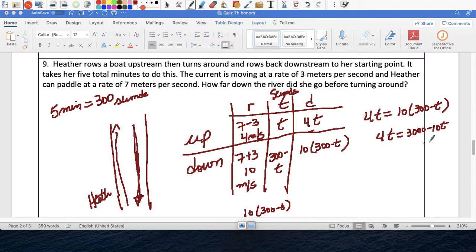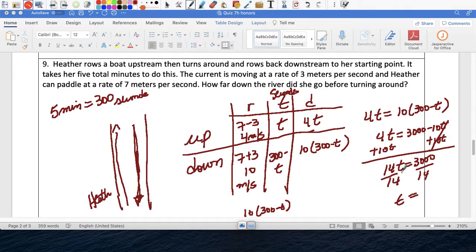We have variables on both sides. Let's do plus 10T, plus 10T. These two go away. I'm left with 14T equals 3,000. Divide both sides by 14, and T equals 3,000 divided by 14, which gives me 214 seconds.